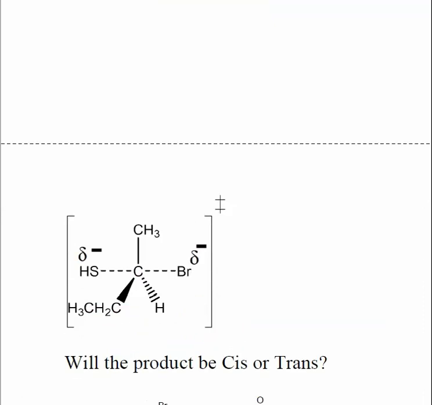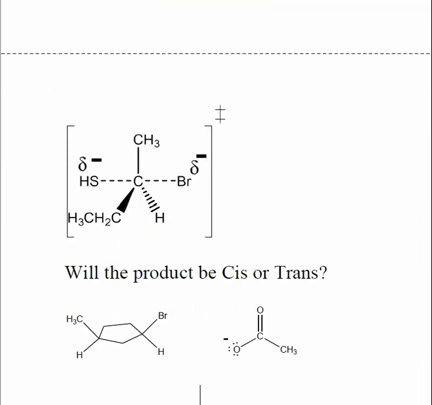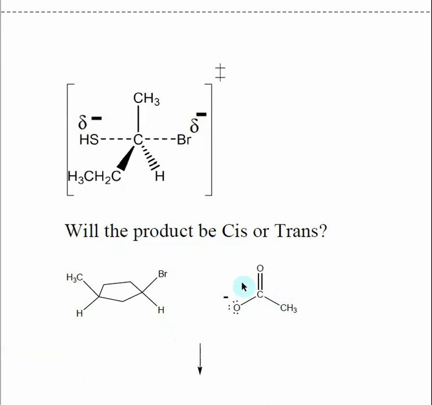What I like to do in class, and especially on exams, is use a ring because it's a lot easier to see what's going on inside of a ring. So inside of here, for right now, just trust me, this is an SN2 reaction, and we'll talk about later how to understand that. It's a lot easier to see these stereochemical ideas of inversion of stereochemistry in a ring.